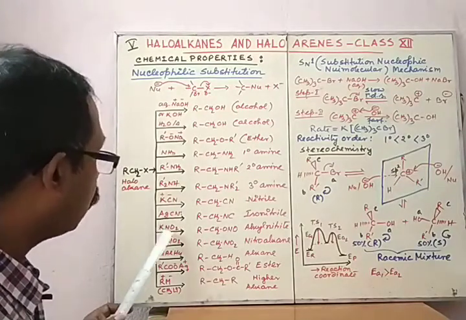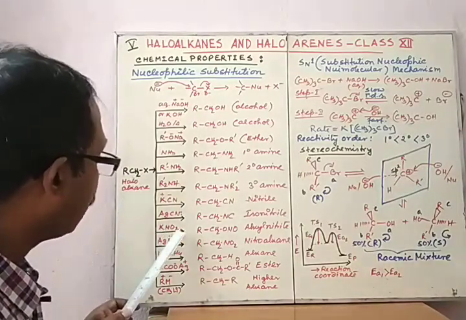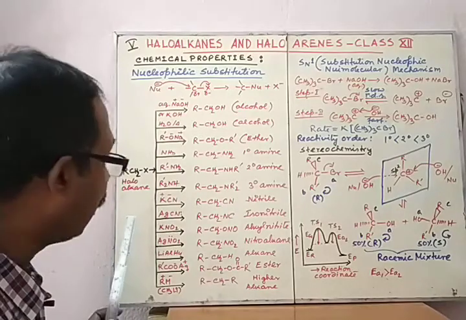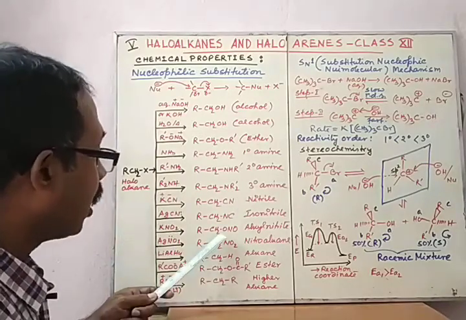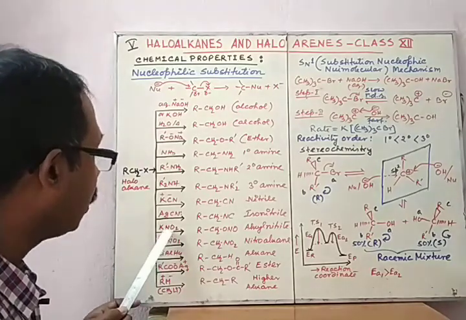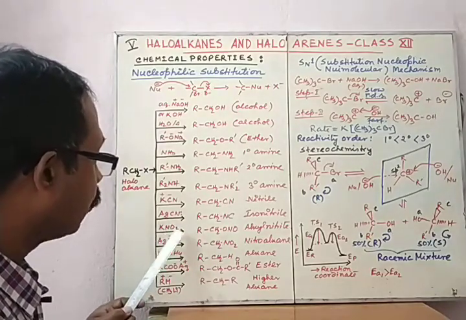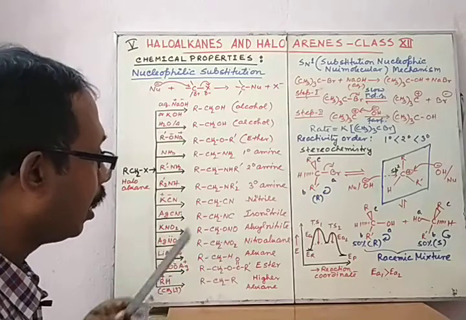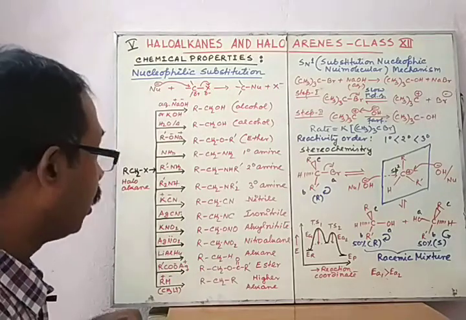Similarly, when potassium nitrite, KNO2, is reacted with the haloalkane, we get the nitrite compound. Here, being ionic in nature, NO2 minus has oxygen acting as the nucleophilic center.